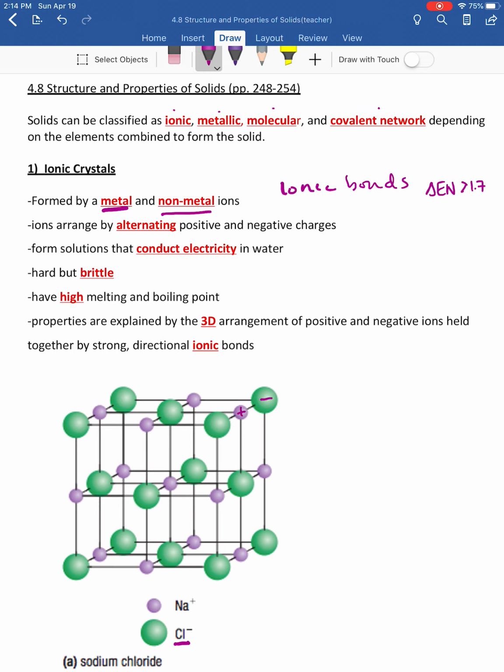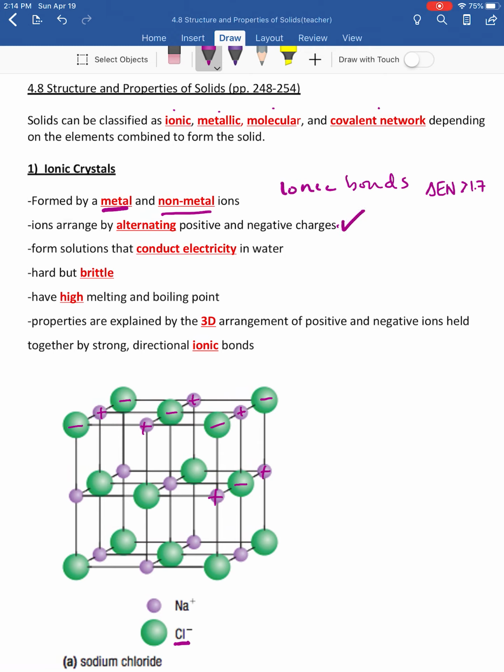So if we take a look here, negative, positive, negative, and then directly adjacent to that anion would be a cation, and then negative and positive, and so on and so forth. You can predict it, okay, because they're constantly being alternated with opposite charges.